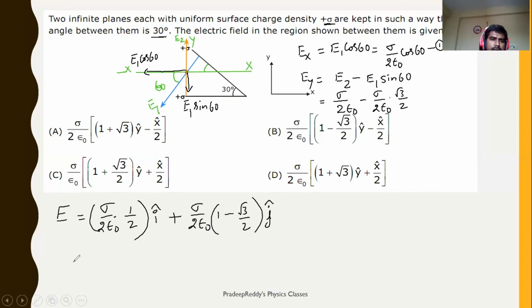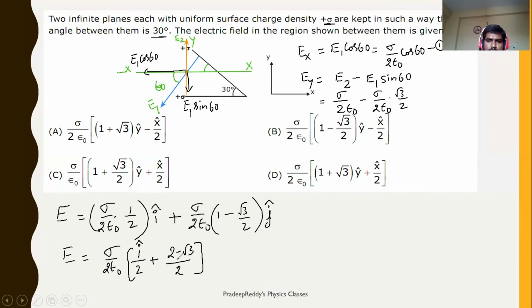This is the net vector. As a result, you can write E is equal to sigma by 2 epsilon naught. As a whole, I can take it common, and this will be i cap by 2 plus j cap into (2 minus root 3) divided by 2.